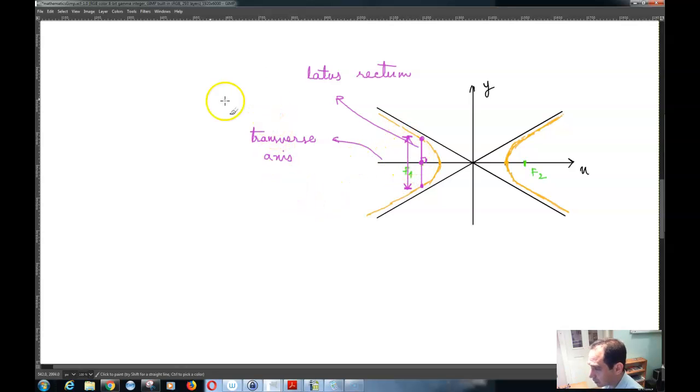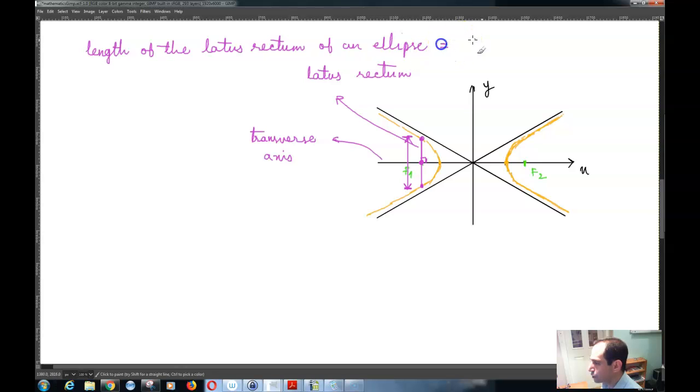The length of the Latus Rectum of an ellipse was equal to 2 times b squared by a.